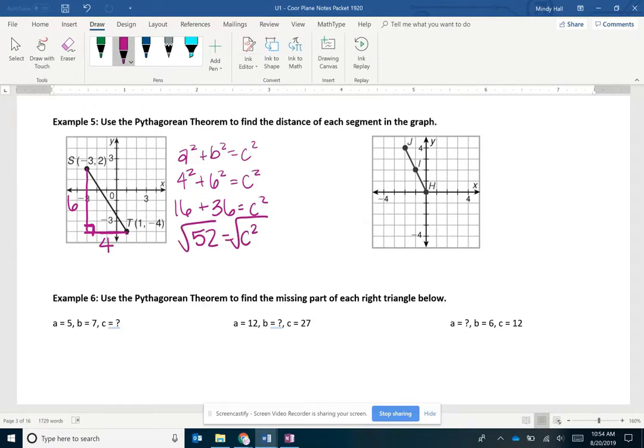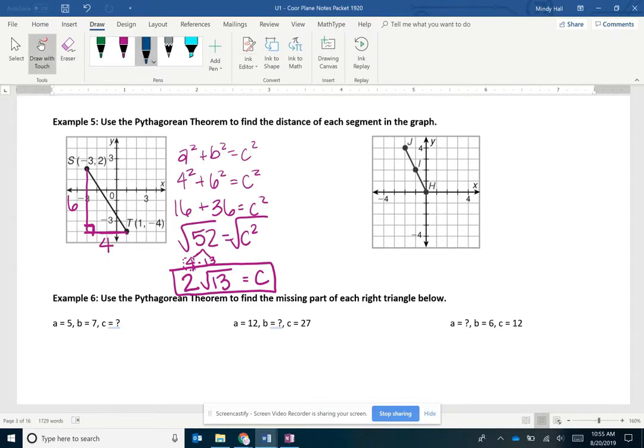Technically, you could leave your answer as the square root of 52, but you do want to check to make sure there's not a perfect square in there. In this case, 52 multiplies to 4 times 13, and 4 is a perfect square. So the square root of 4 is 2, and the square root of 13 is still in there. So c is actually 2 square root of 13. Now, if you left it as the square root of 52, you would still get points for it, but maybe not full credit.